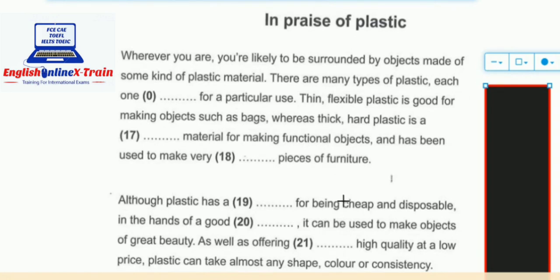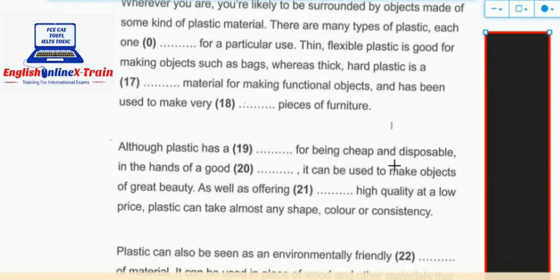Although plastic has a for being cheap and disposable, in the hands of a good, it can be used to make objects of great beauty, as well as offering high quality at a low price. Plastic can take almost any shape, color, or consistency.